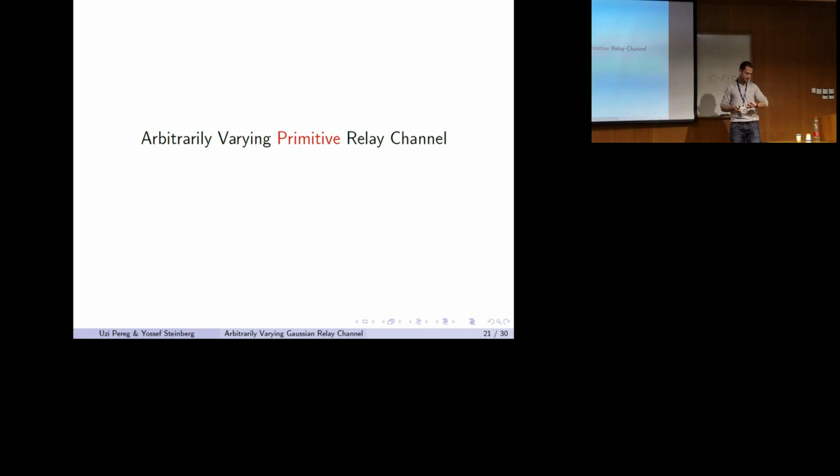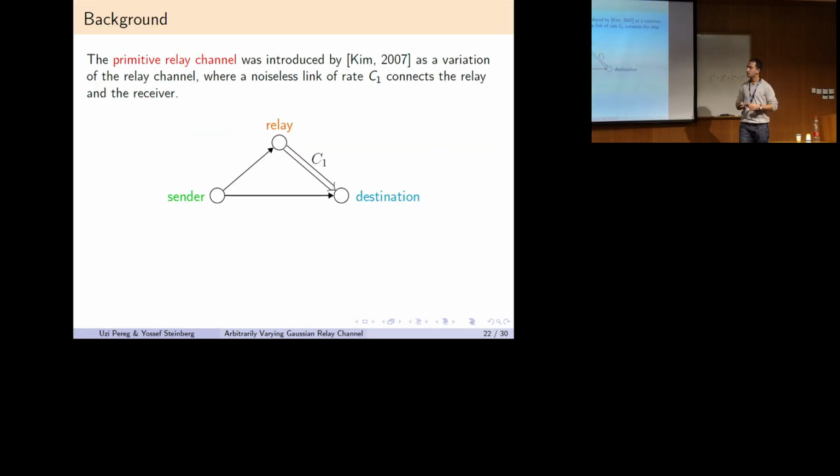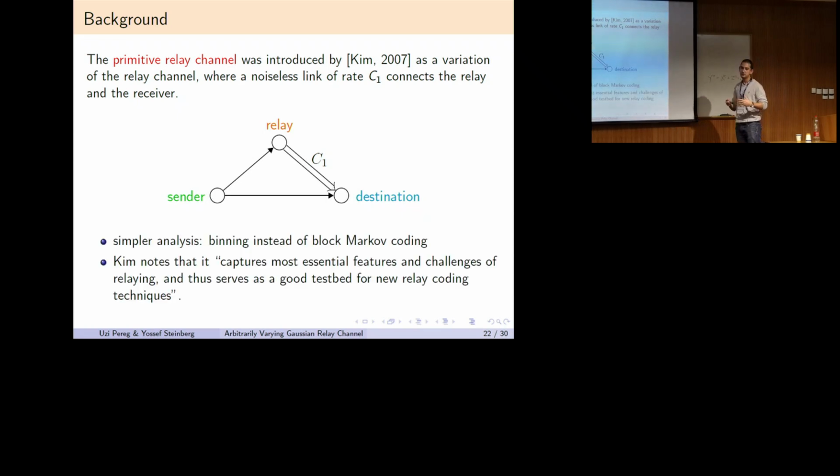Now we move to the second part of the talk, where we consider the arbitrarily varying primitive relay channel. A primitive relay channel means that there is a noiseless link between the relay and the destination receiver of finite capacity C1. One of the advantages is that the analysis is a lot simpler. Block Markov coding is not needed. You can use binning.